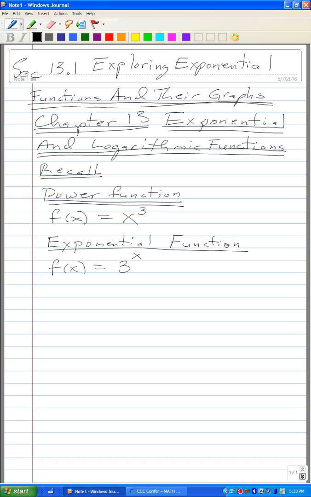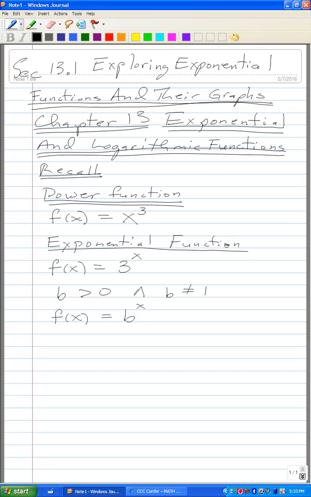And so, in general, let b be a real number that's greater than 0, and let b not equal 1. Then an exponential function is a function of the form b to the x.